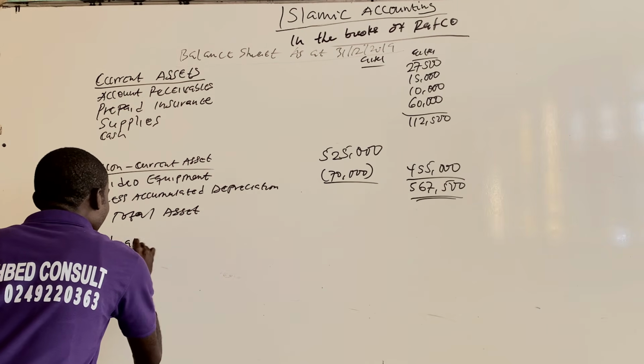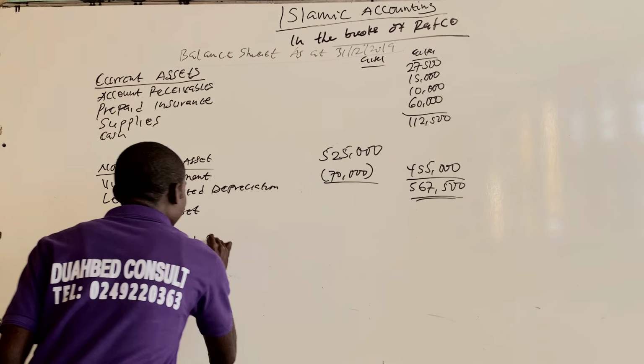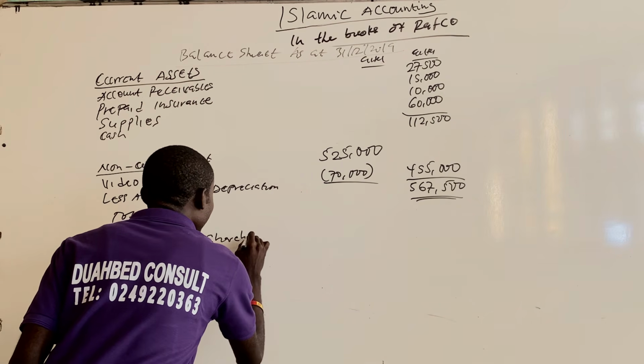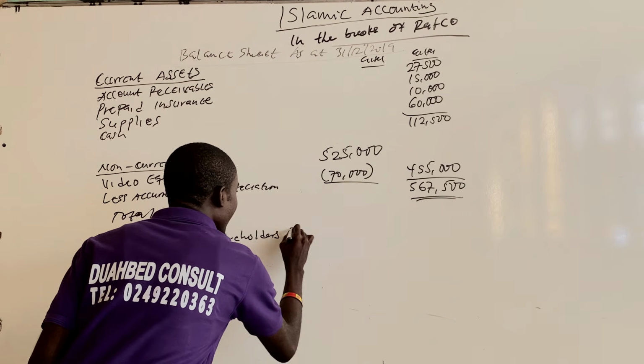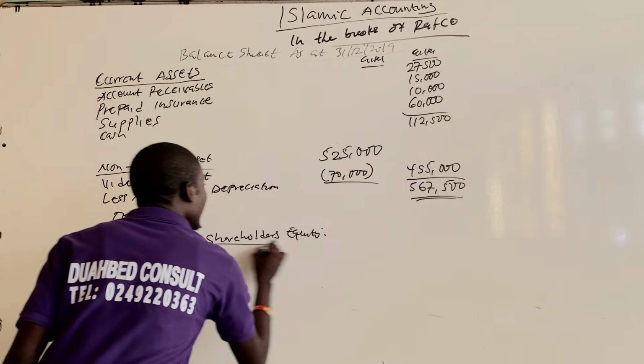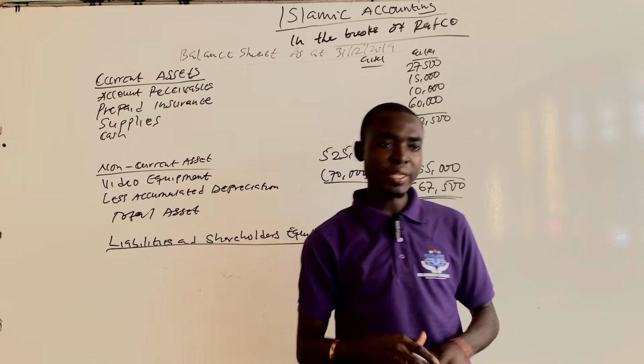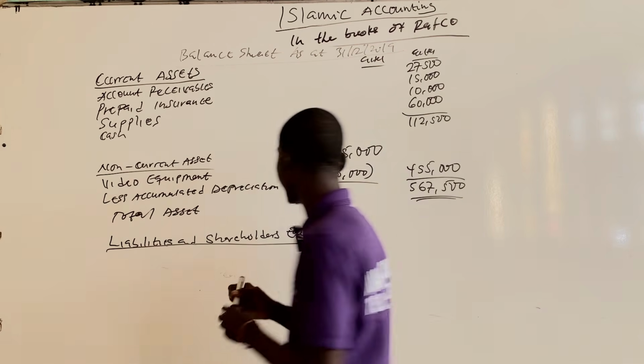After getting your total asset, we proceed with liabilities and shareholders equity. We start with current liabilities first.